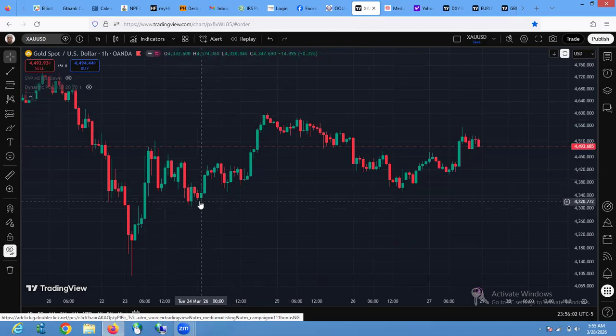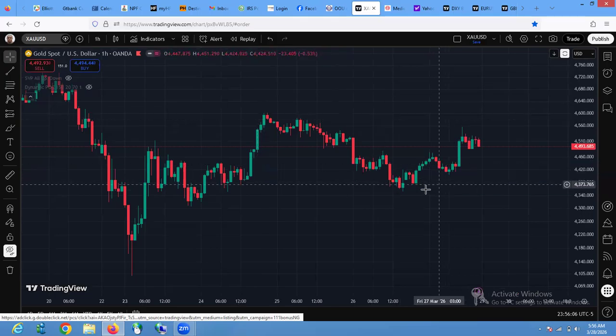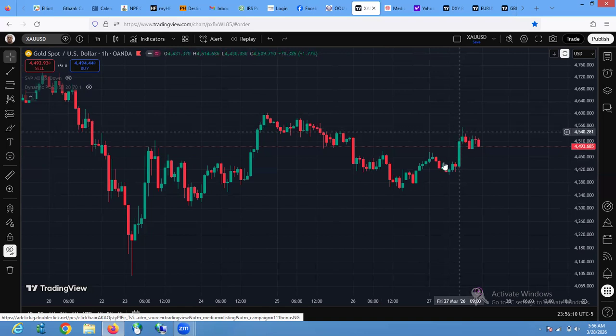So what this one had done as an ABC is exactly what we had noticed here also as an ABC. Very, very similar: an A, then the B, and a C. So it has done the same thing.